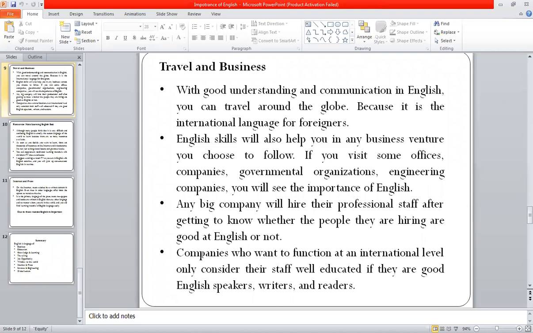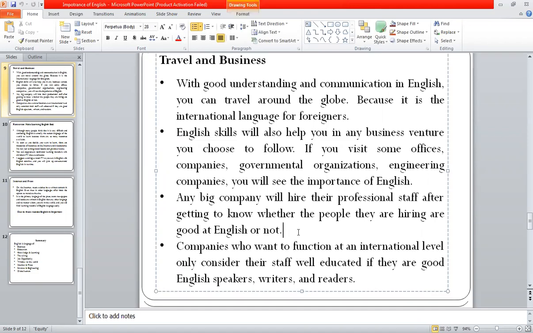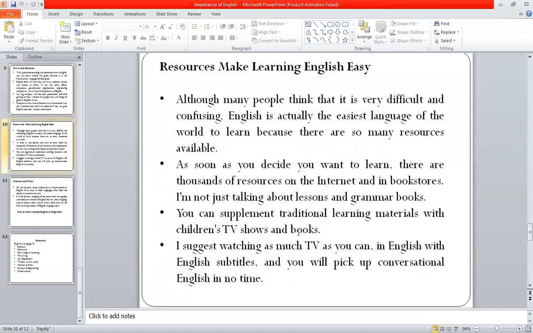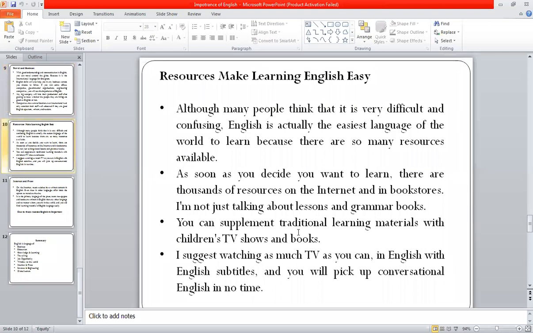English is in very high demand in companies related to business and travel. Travel and tours are also a very important business.